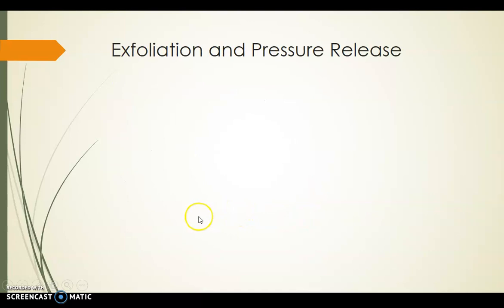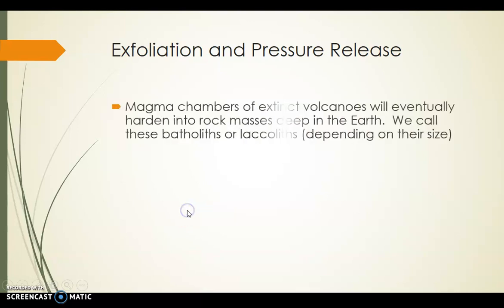Then we have exfoliation and pressure release. For this, I need you to remember back to what we learned when we talked about volcanoes, the batholiths and laccoliths. The magma chambers of those volcanoes are extinct now, but the magma chamber is still there. Deep inside the earth, it now has nothing to do, so it cools down and hardens.